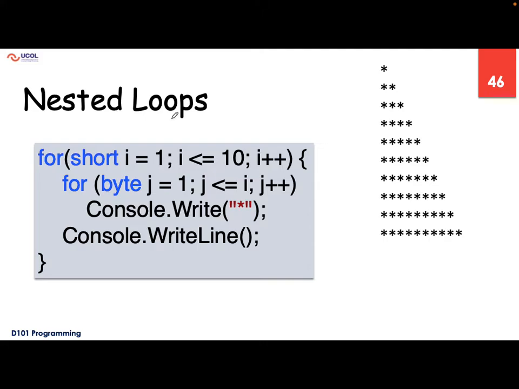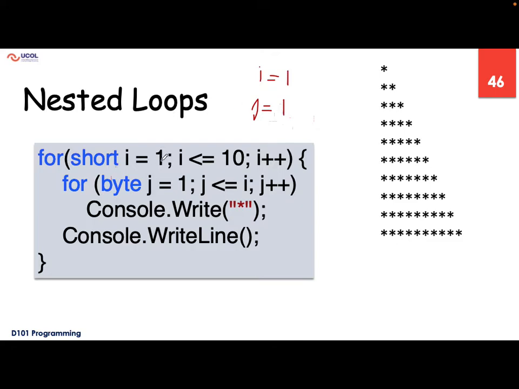So, what will happen? j is 1 the first time. Now, it is very important to understand how things are moving. We have a line, so i is equal to 1, and then we have j is equal to 1.